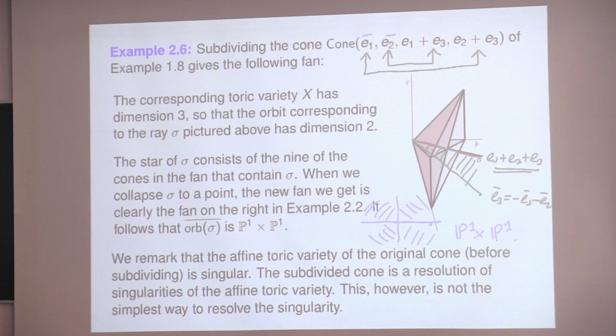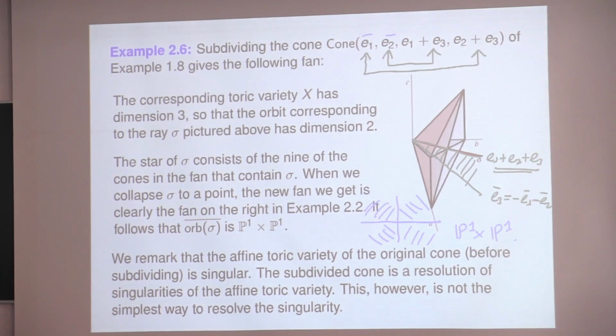Very good. We remarked that this affine toric variety of the original cone before subdividing is singular. We will be doing that very soon. Oh no, did we already do that? Like singular if and only if... I think it's going to come in a moment. Oh no, we did it. Yes, we did it.